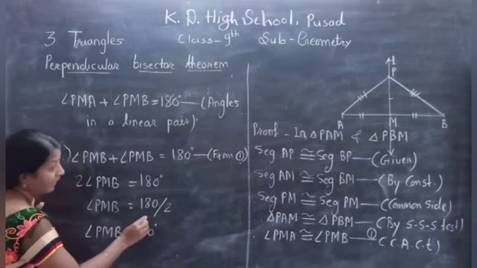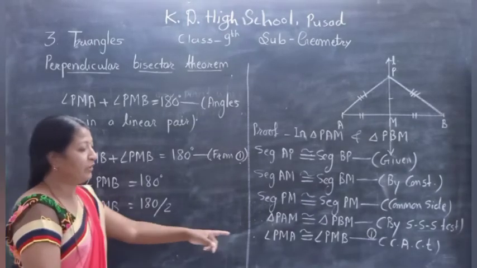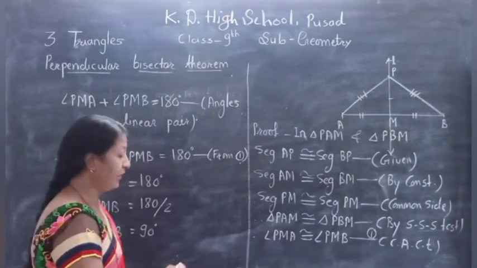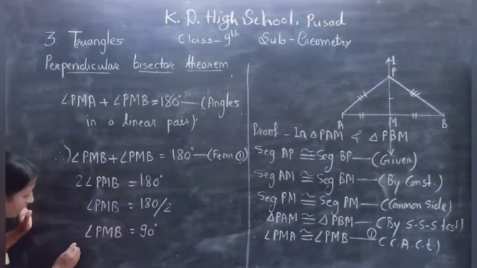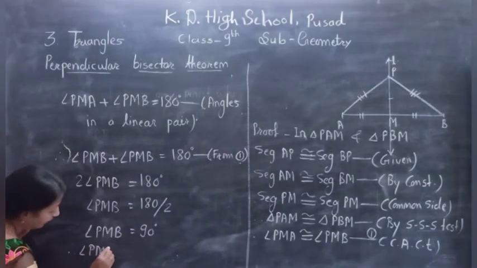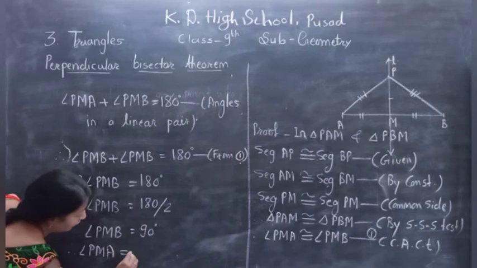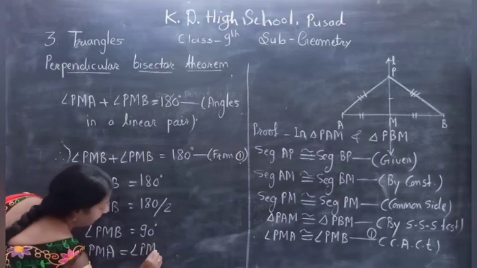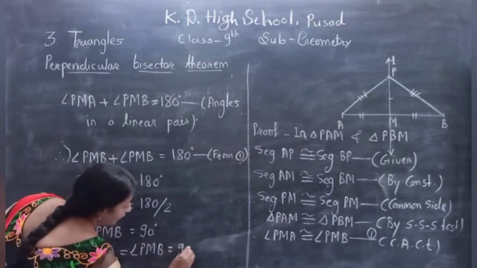Now angle PMA is equal to angle PMB. Therefore we write the statement: angle PMA is equal to angle PMB is equal to 90.